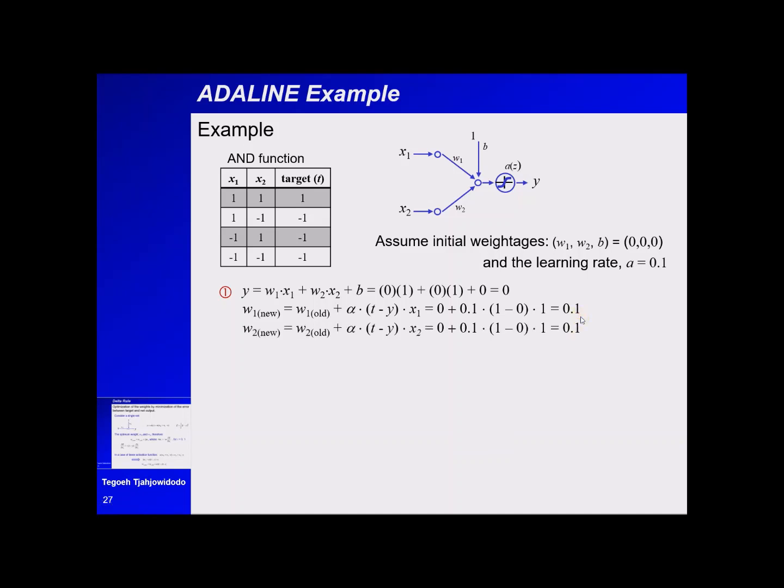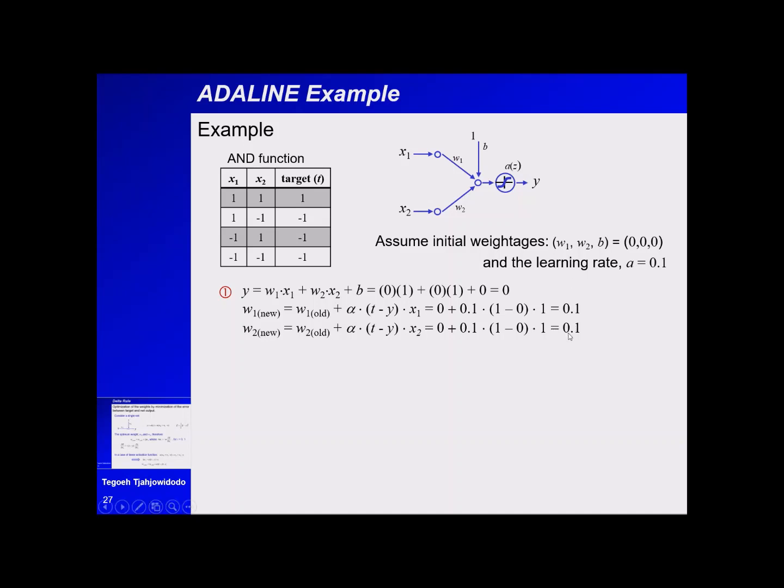I will also update the second weightage, W2. Same thing: I take the old weightage of W2, 0, plus the learning rate, 0.1, times the difference between target and output, 1 minus 0, times the corresponding input for the first data set that we use to train this network for the time being.